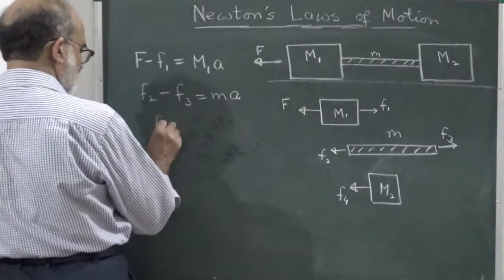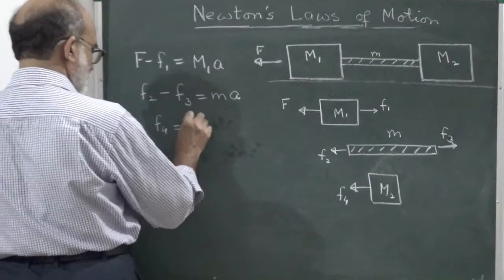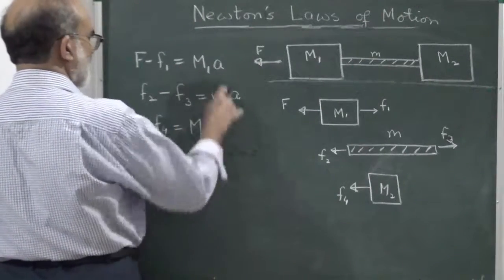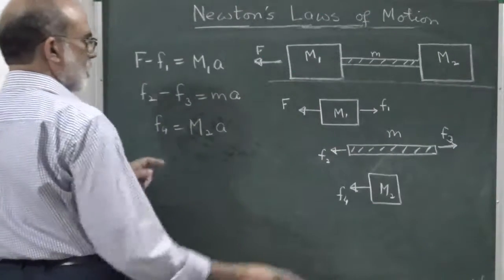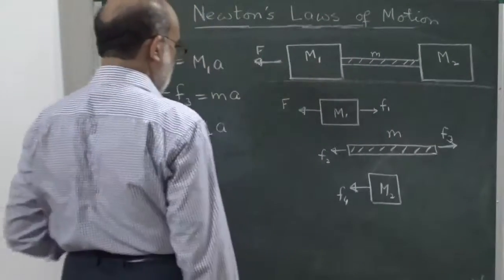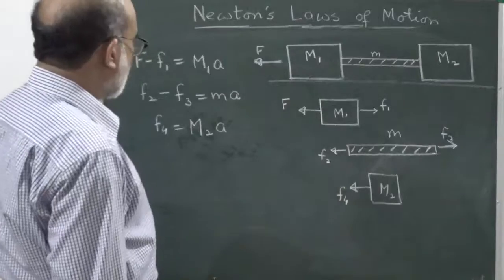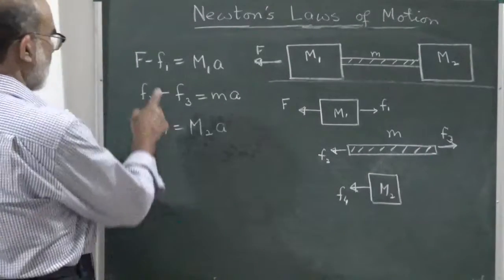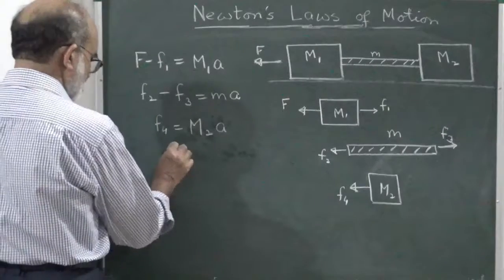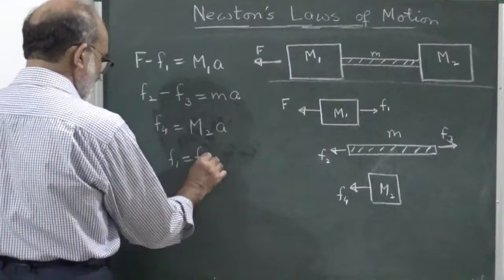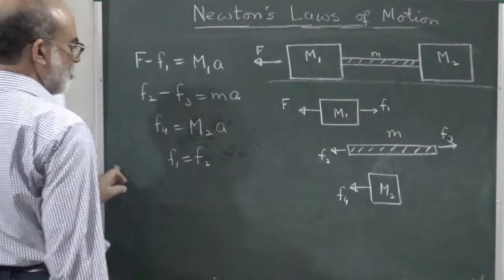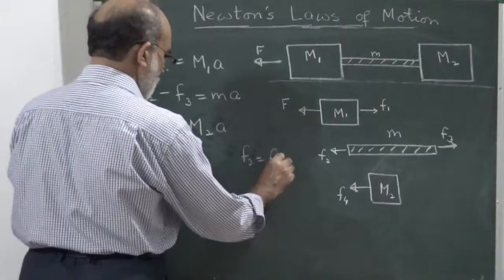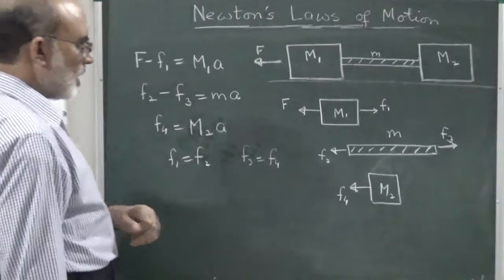So F4 is equal to M2A. Here the accelerations of all of them are the same because they are attached, so they move with the same acceleration. Now according to Newton's third law, F1 and F2 must be the same because they form a pair of action and reaction. And F3 and F4 are also the same, forming a pair of action and reaction.